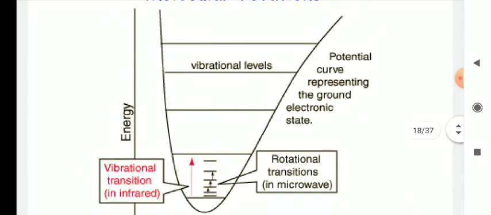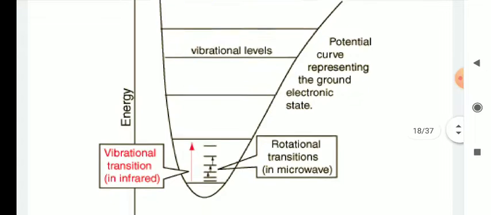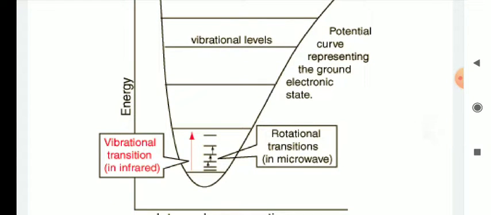The molecular rotations, rotational spectra and vibrational spectra are represented by this figure. The potential curve represents the ground electronic state, which consists of a number of vibrational levels, and each vibrational level consists of different rotational transitions, which are also shown in the figure.